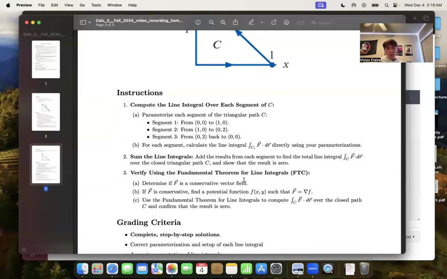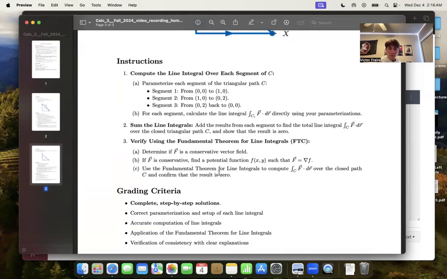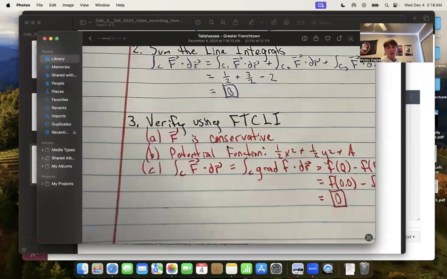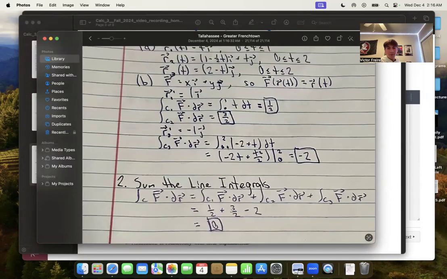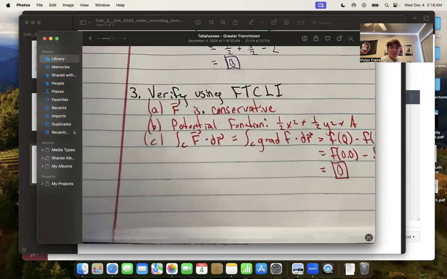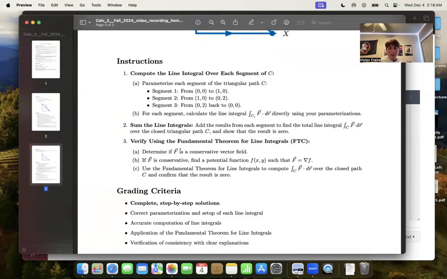So now we want to once again verify this using the fundamental theorem for line integrals. Part A, determine if F is a conservative vector field. We know this from problem 1, because we have the same vector field, F equals xi plus yj. We know that F is conservative. Now part B. If F is conservative, find a potential function f of x, y such that the vector field F equals gradient f.